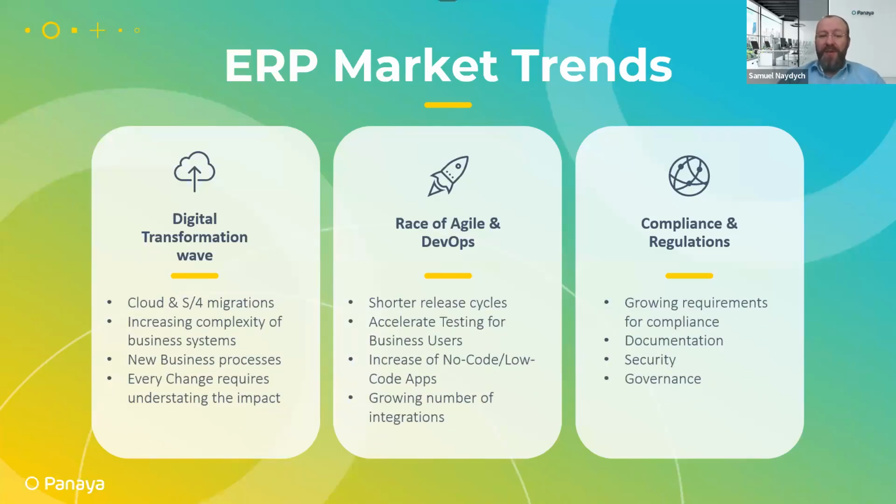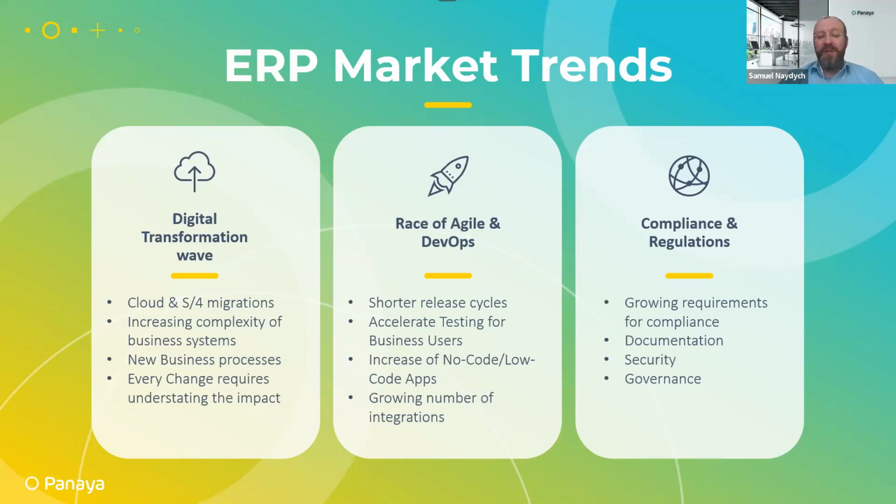The market trends of ERP are very famous. Actually, there is a digital transformation wave around the globe, and many customers of SAP are experiencing the migration to S/4HANA and the cloud itself. The deadline of S/4 migration is causing urgency, and it's also increasing the complexity, because in today's markets there is a high requirement for new changes and new business processes.